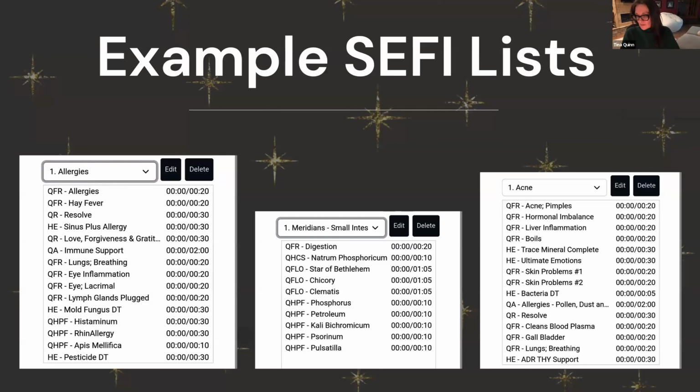Someone is asking if there's an order to the Cephi list, and is there a difference individually or at the same time? There is no difference individually or at the same time. However, you can add in the clearing.